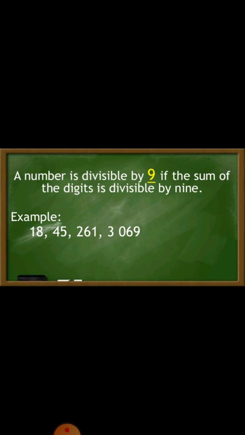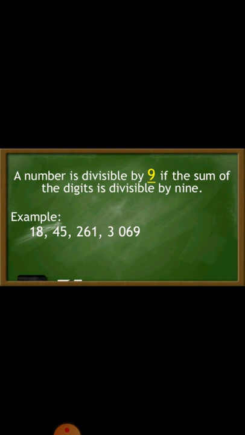For this purpose, first of all we add these digits: 2 plus 6 plus 1. If their sum is divisible by 9, then we can say that 261 is divisible by 9. 2 plus 6 plus 1 is equal to 9. So 9 is divisible by 9, and we can say that 261 is divisible by 9.